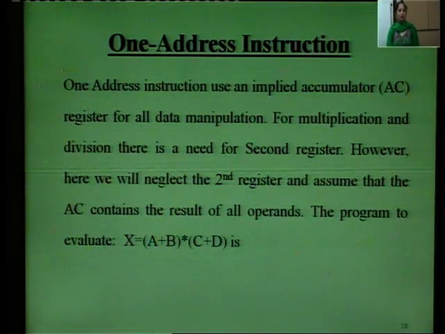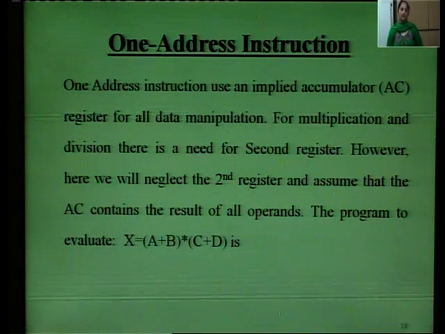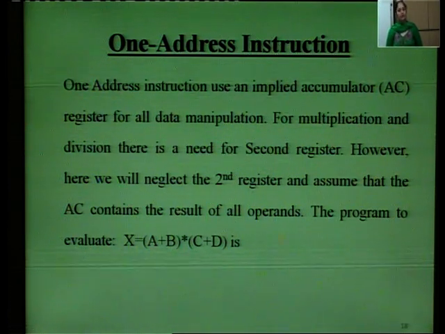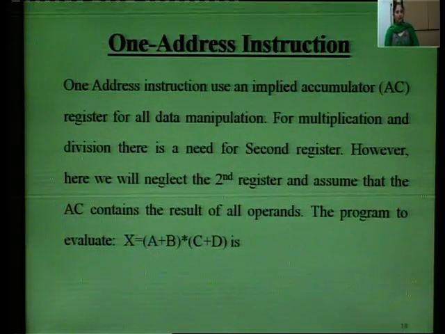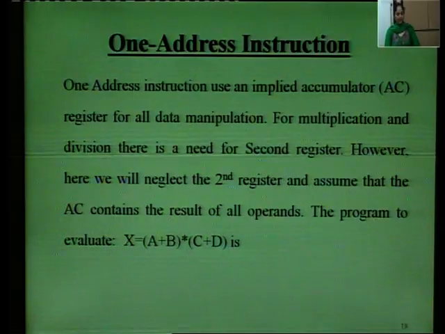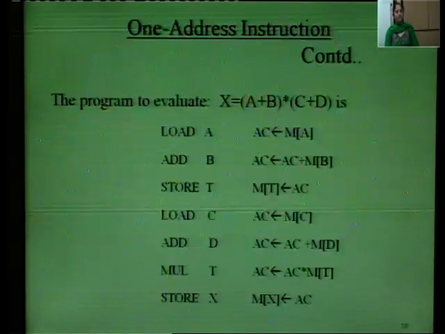The program to evaluate X equal to A plus B into C plus D is the same. In the one address instruction, accumulators are used, and for multiplication and division there is a need for a second register, which is neglected after the operation is performed.